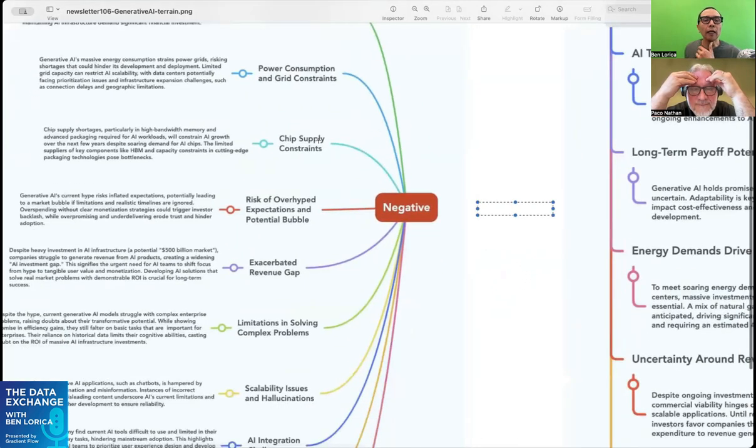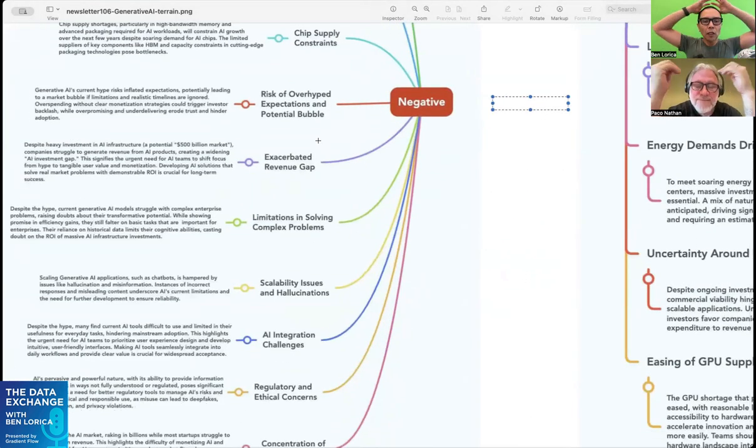And then there's not as much talk about the revenue gap. People are investing in these technologies, but what's the ROI? Even if you look at the suppliers of the technologies themselves, I think Microsoft might have the most revenue, but even that is not a fraction of their revenue.